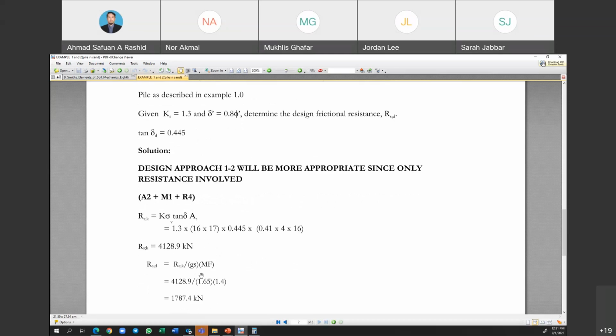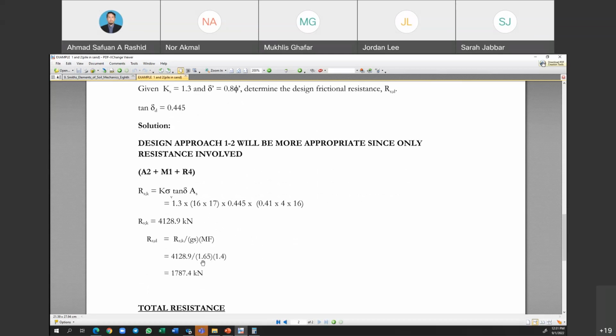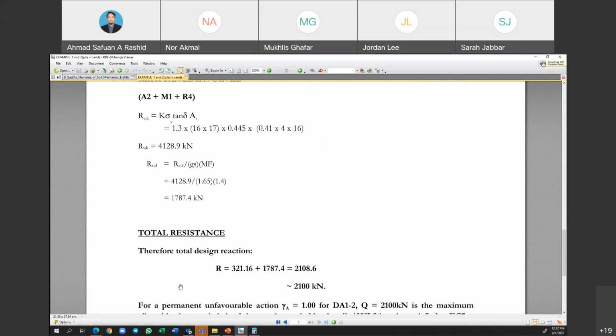Later on the 1.65, based on the shaft compression, times with 1.4, then we obtain 1787.4. So the total value, which is the base 321.16 plus the skin 1787.4, is 2108.6.